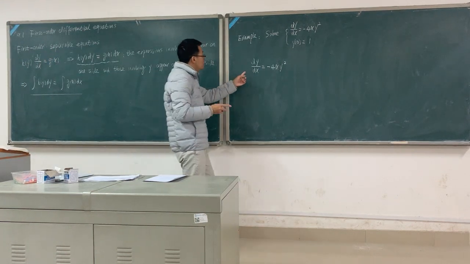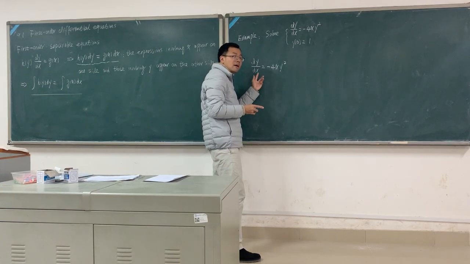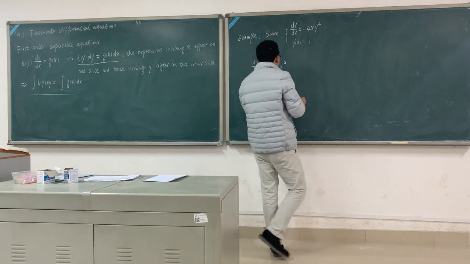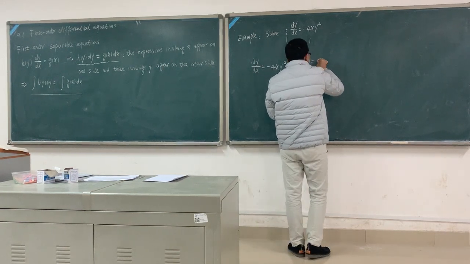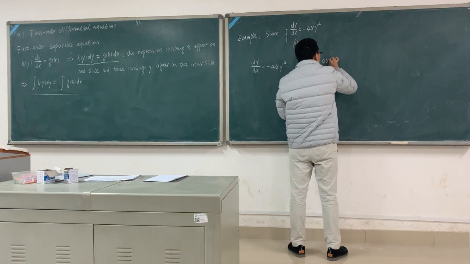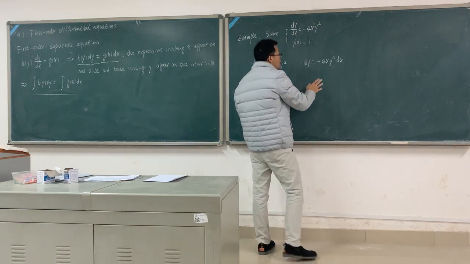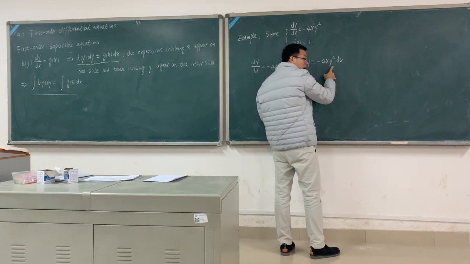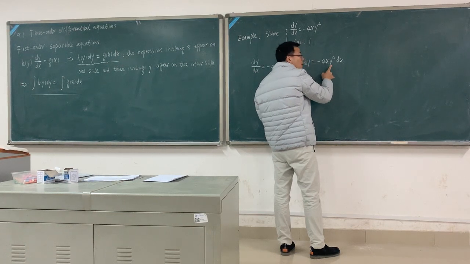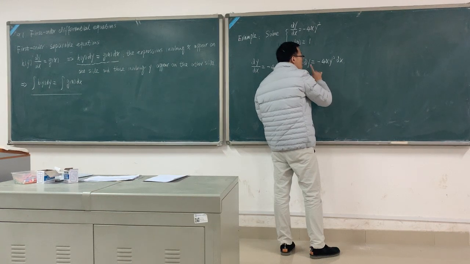So we multiply dx on both sides: dy equal to minus 4xy squared dx. Now the right hand side has y squared, so we need to divide by y squared on both sides.